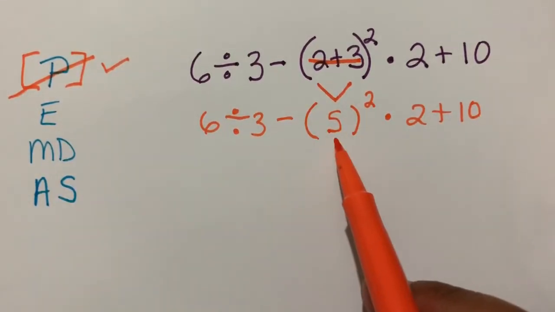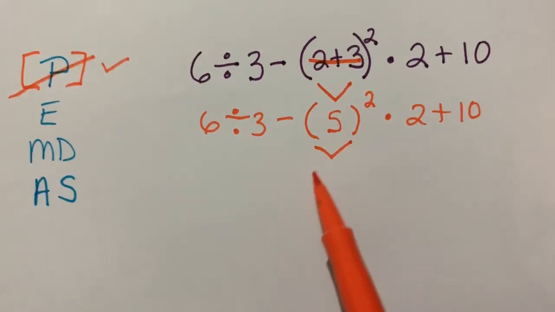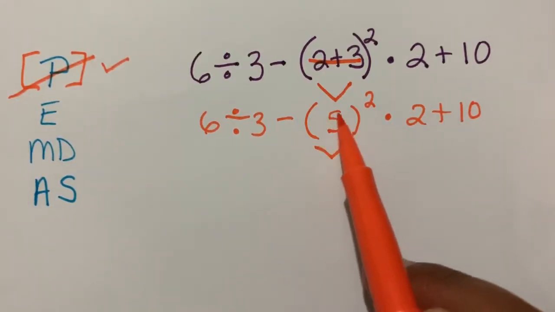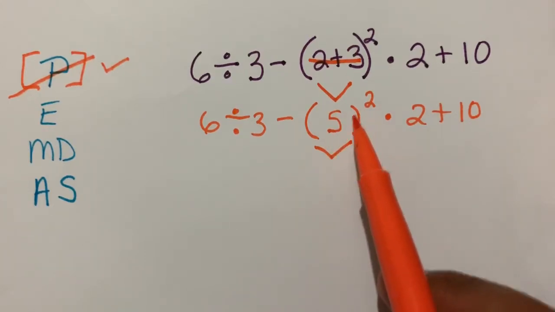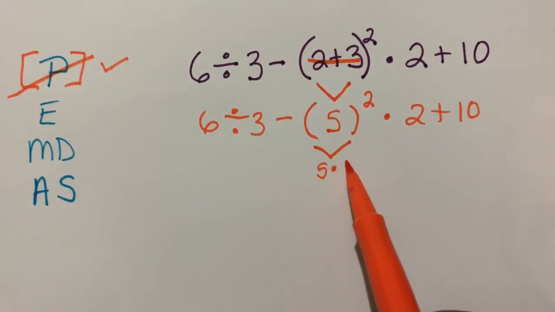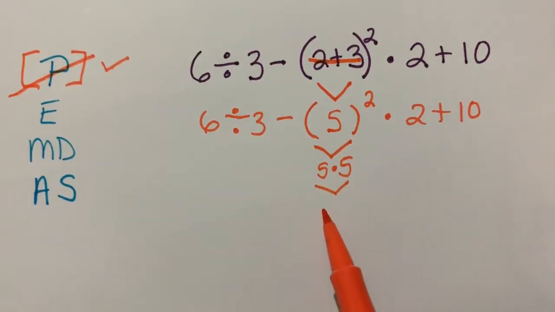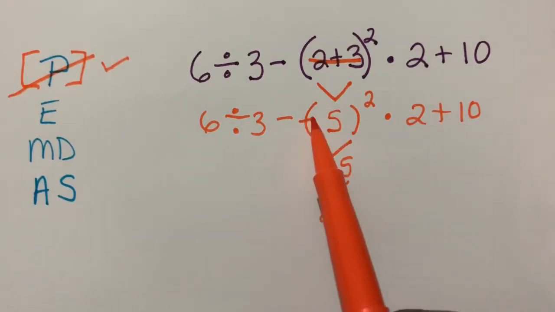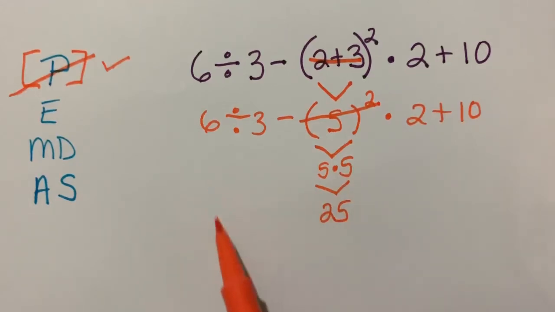So my exponent is 5 to the second power. 5 to the second power means I multiply the base, which is 5, times itself 2 times. So 5 times 5 is going to give me 25. So now I'm done with this step, and I'm going to bring everything else down.